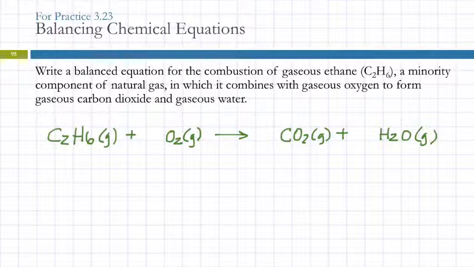When you write state symbols, sometimes the problem will give them to you. Other times the problem will expect that you figure out what it is. If it's giving you some information about temperature, then you need to take that into consideration. So here we have natural gas burning. Is this a hot environment or a cold environment or room temperature?